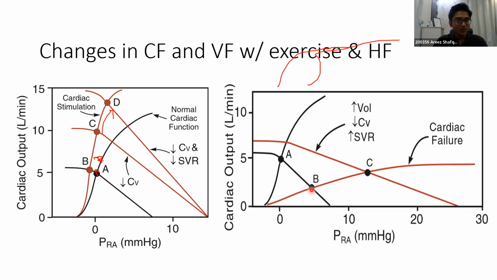Then the sympathetic nervous system will kick in because it will think, oh, the heart is failing, I need to maintain blood pressure. So it will venoconstrict and vasoconstrict at the same time. Vasoconstriction will increase systemic vascular resistance to increase the blood pressure, and venoconstriction will increase PSF to increase venous return.